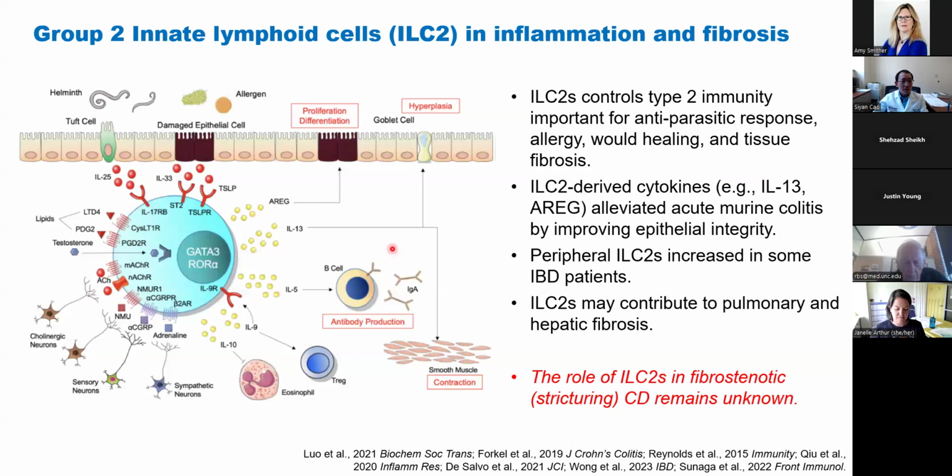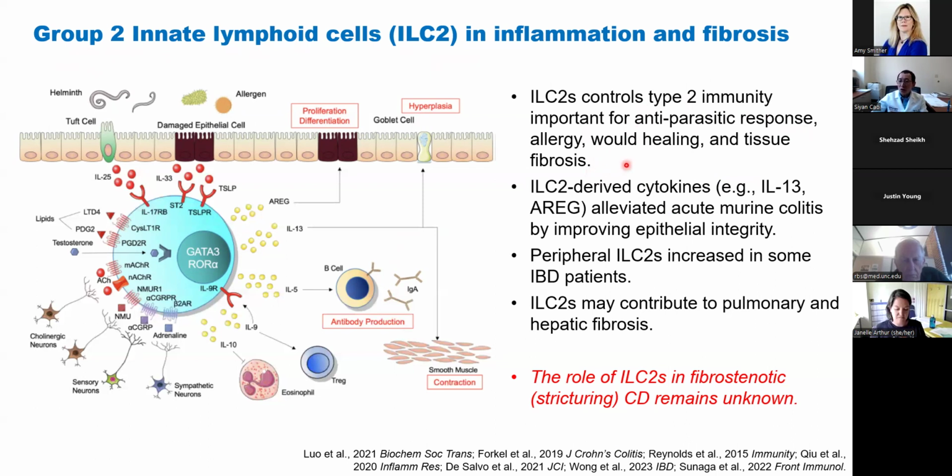And I'm going to switch gears a little bit and talk about related cell types in inflammatory bowel disease. The group 2 innate lymphoid cells, or ILC2s, are a different type of ILC that control type 2 immunity, which is important for antiparasite responses, allergy, wound healing, and tissue fibrosis.